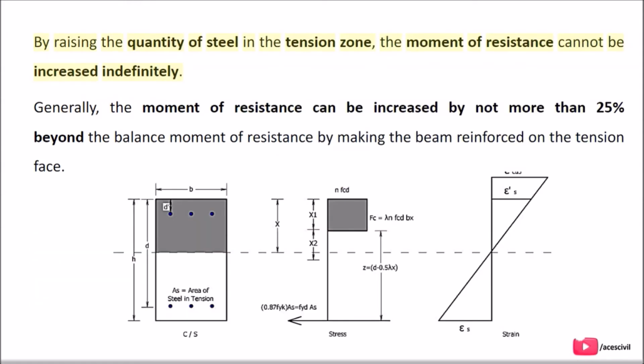By raising the quantity of steel in the tension zone, the moment of resistance cannot be increased indefinitely. Generally, the moment of resistance can be increased by not more than 25%, beyond the balanced moment of resistance, by making the beam reinforced on the tension face.